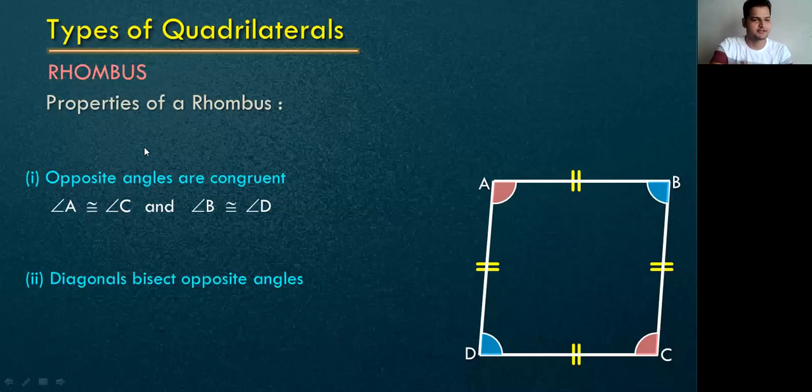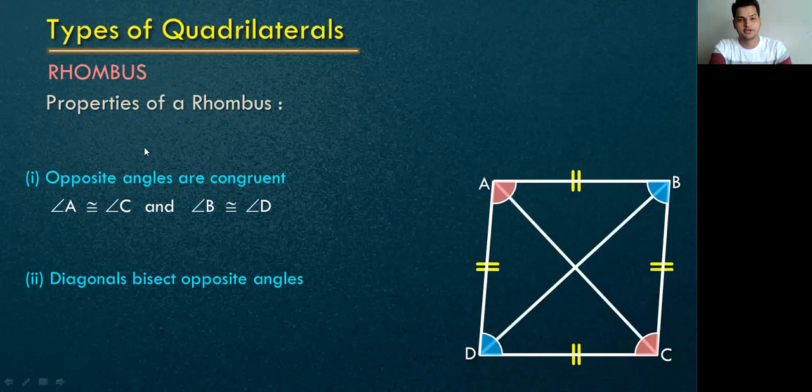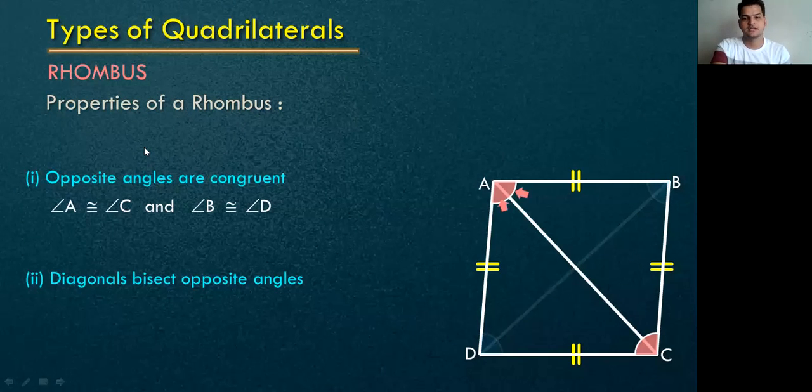Alright students? Perfect. Now, the diagonals. What do you mean by diagonal? Correct. The segments which join two opposite points are called diagonals. So diagonal AC is the first one and the other diagonal is BD. Now students, if you see the diagonals, these diagonals will bisect the opposite angles.